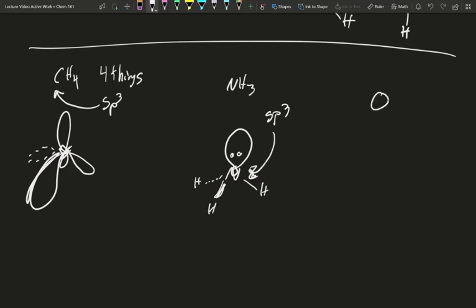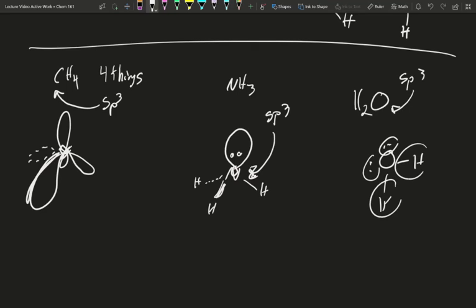And so if I have water, oxygen, lone pair, lone pair, hydrogen, hydrogen, that is 4 things. That oxygen is sp3 hybridized. But when we think about that oxygen on carbon dioxide, well, that oxygen only has 3 things.